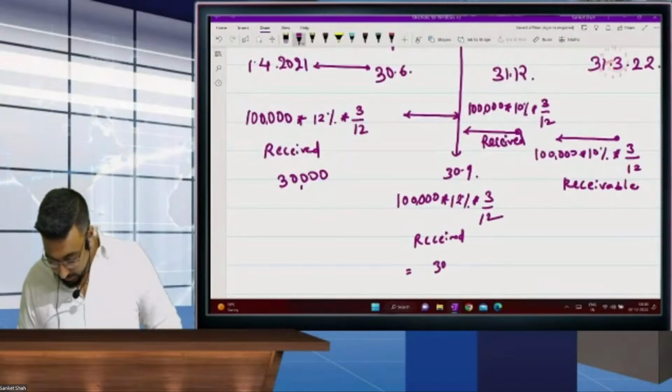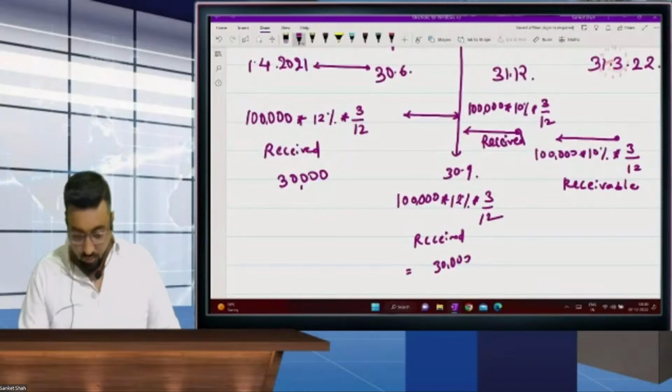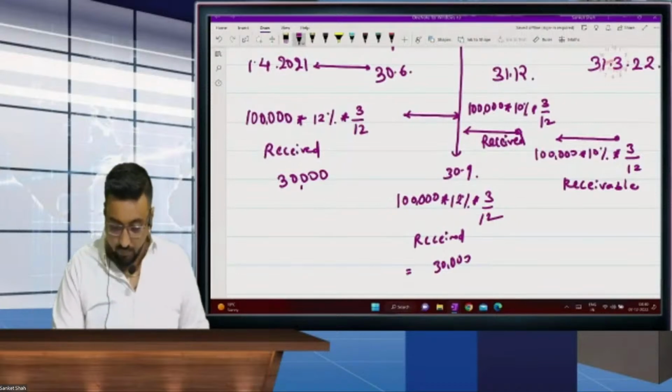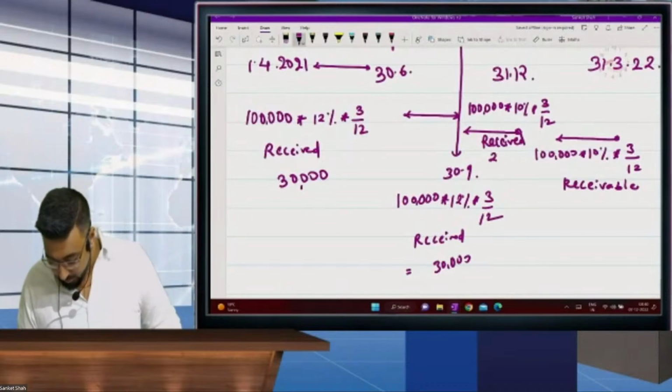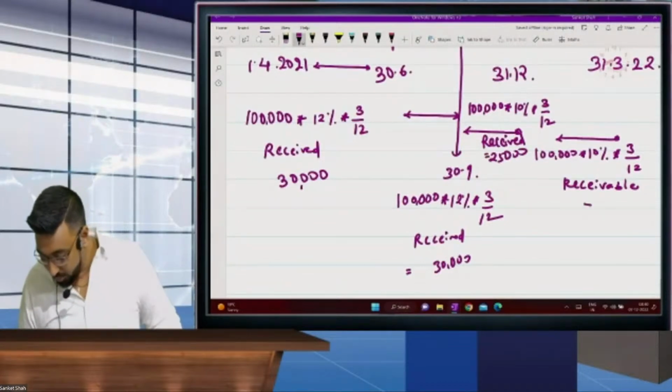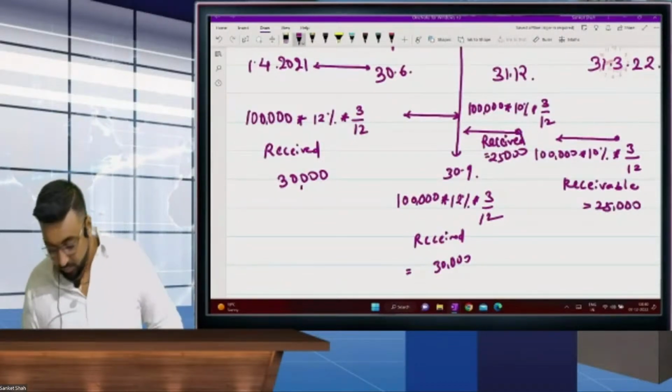Again, this is 30,000, which is received. 25,000 received and 25,000 receivable.